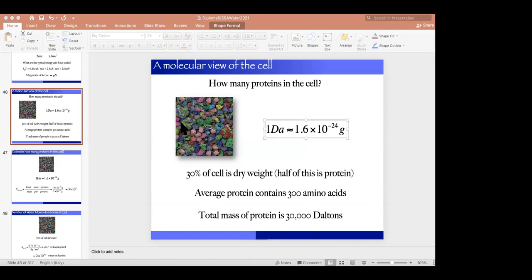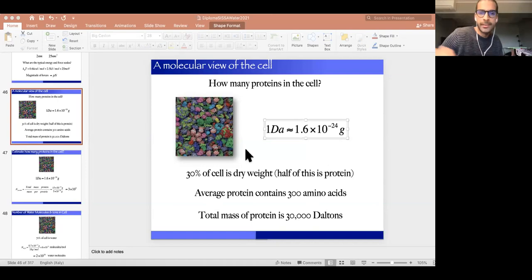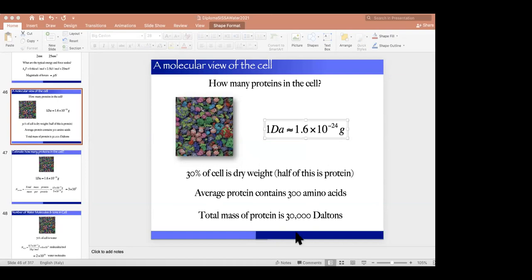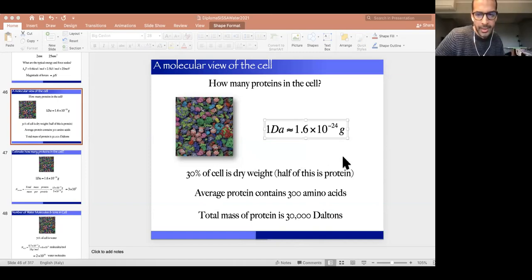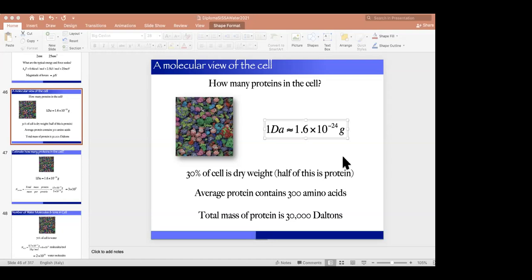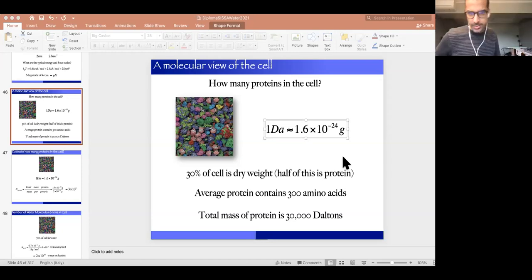Yeah, what's one mole equal to? Sorry? The mass of water is given here per mole? Yeah, per mole, yes. And well, 1 mole is Avogadro's number, 6 times 10 to the power 23.